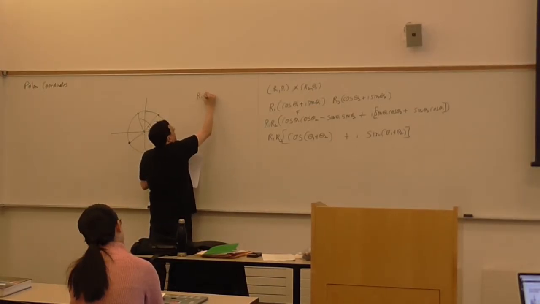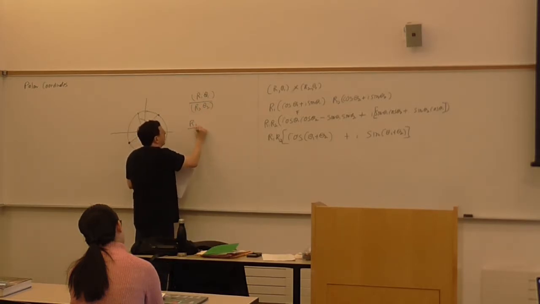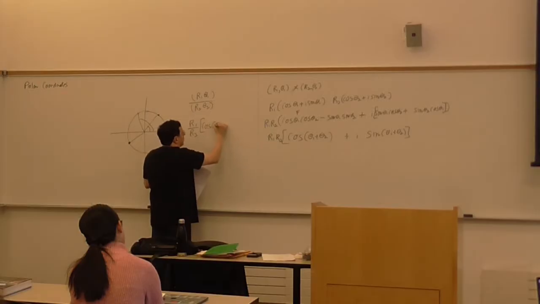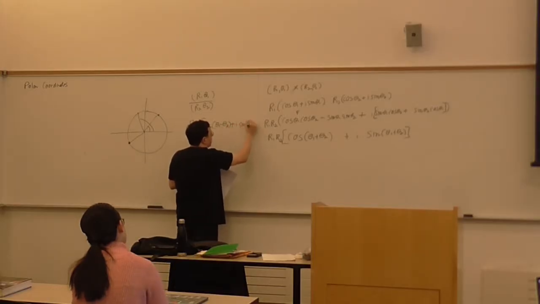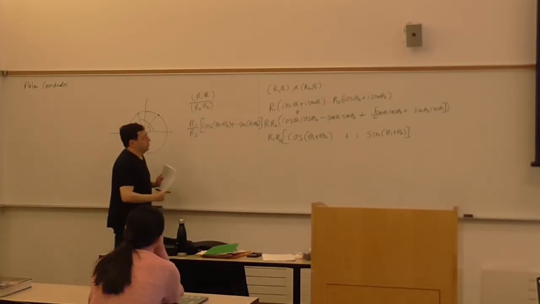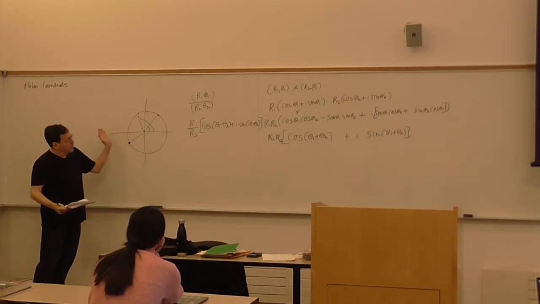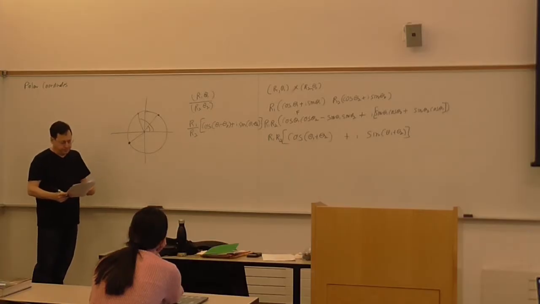If I want to divide r1 theta 1 by r2 theta 2, it's just going to be r1 over r2 times cosine of theta 1 minus theta 2 plus i sine of theta 1 minus theta 2. In other words, when I multiply, I add the angles. If I want to divide, I subtract the angles.